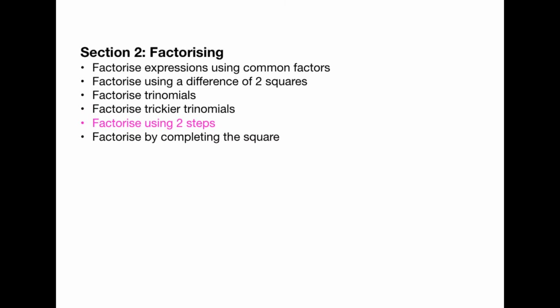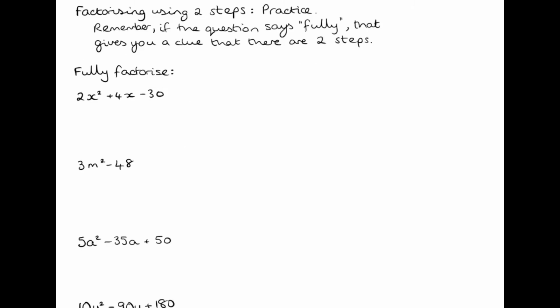This is what we've been doing, and yesterday we looked at factorising using 2 steps. We're going to do the same thing today for a bit more practice. Okay, so we've got a reminder here that if the question says fully alongside factorize, that gives you a clue that there are 2 steps to it.